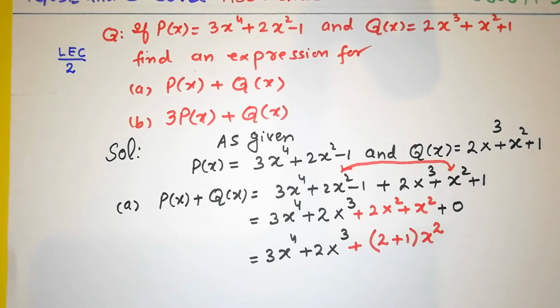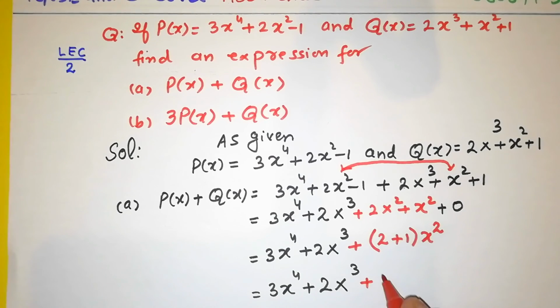So in the next step we have 3x^4 plus 2x^3, and again I write with red ink, plus 3x^2. And students, this is our answer.